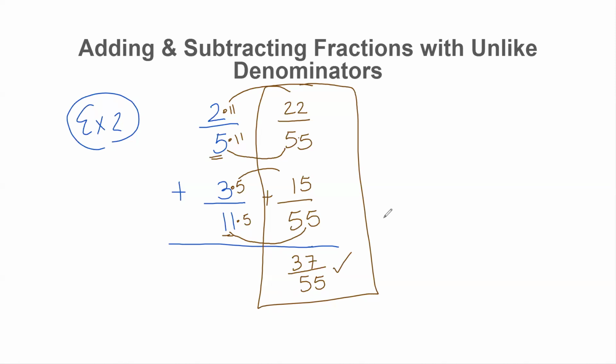Okay. Let me see if I can find one that does reduce. Okay, here I found one that does reduce. Here's example 3. I'm still doing adding and I'm still using proper fractions.